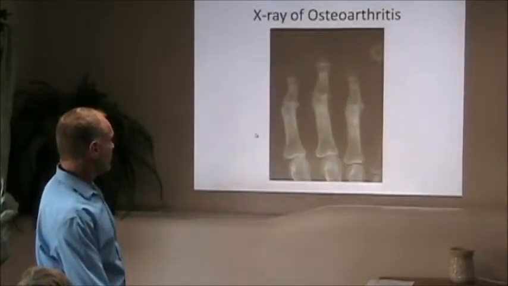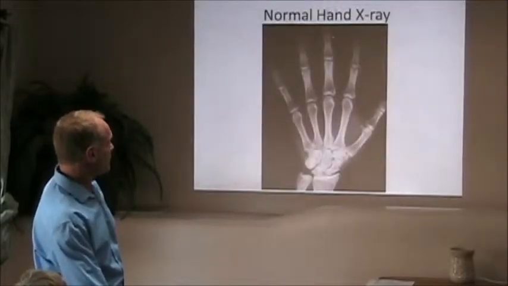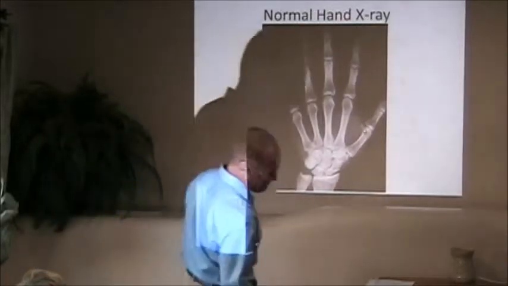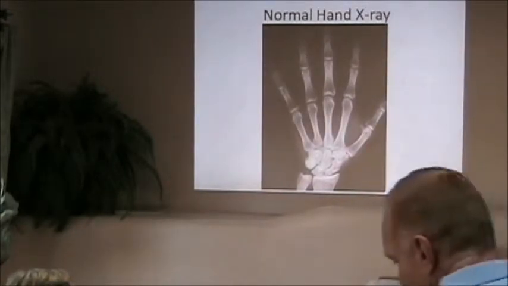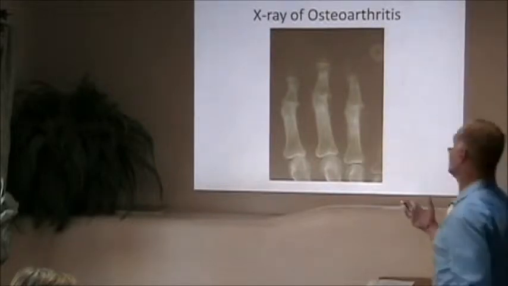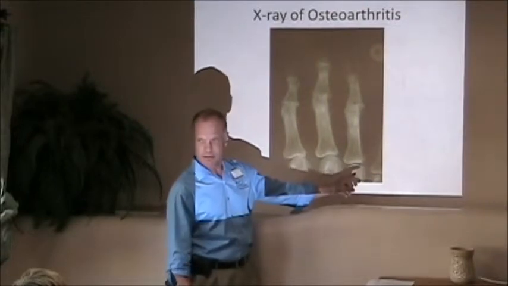And this is an x-ray of somebody's hand that has osteoarthritis. Once again, normal x-ray, right here. Nice, clean, smooth joints. And with osteoarthritis, this is a good x-ray because it shows you this joint is perfect.